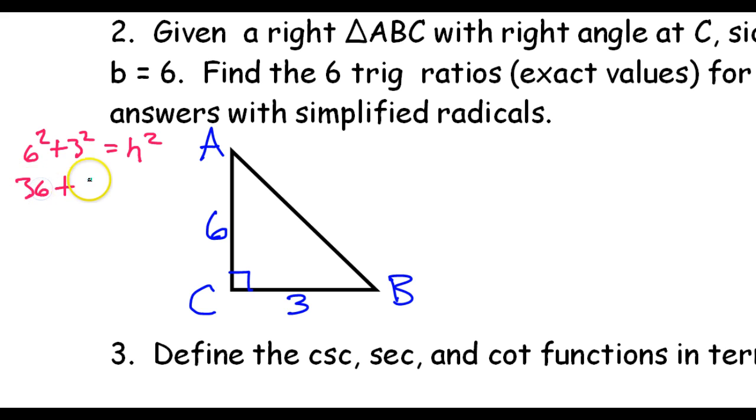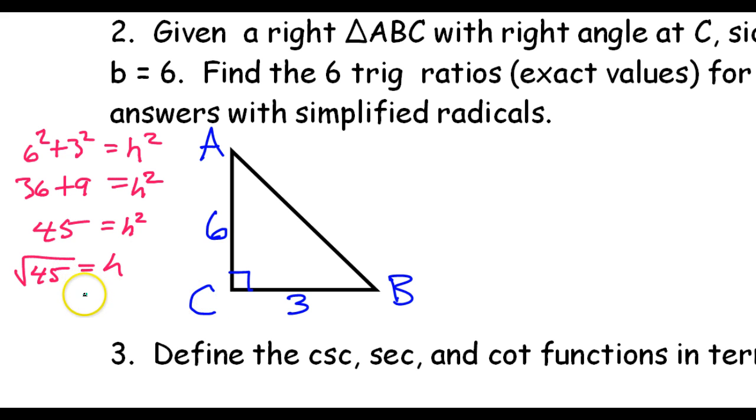So that's 36 plus 9, so 45 is equal to the hypotenuse squared. So the hypotenuse is equal to the square root of 45. Now that's 9 times 5, so that's going to simplify down to 3 radical 5, but I'm going to leave it like this for now and see if I need to simplify it later. So the hypotenuse is radical 45.